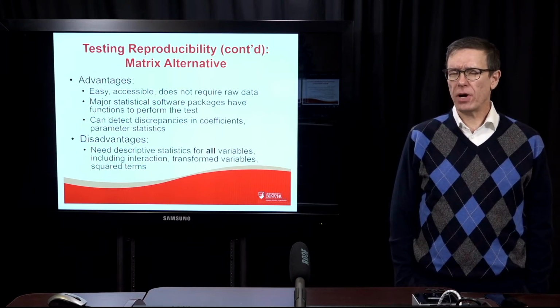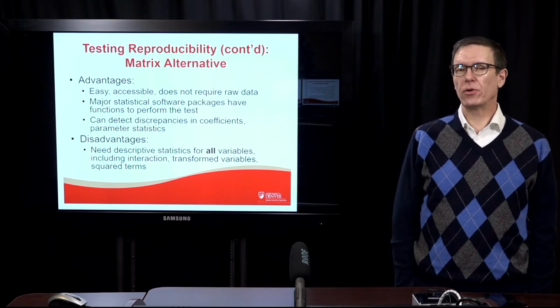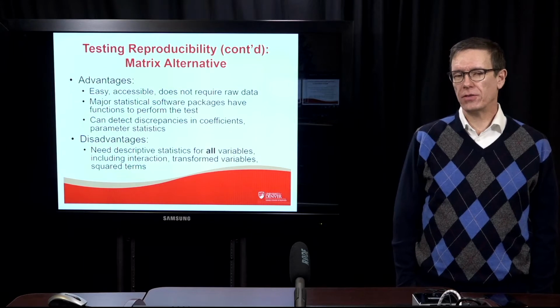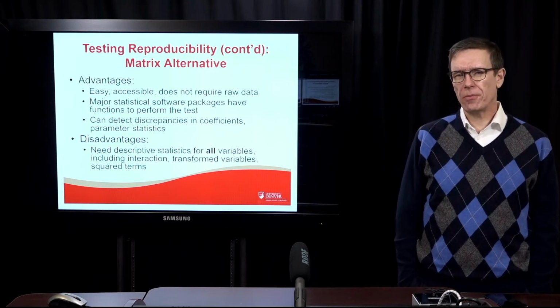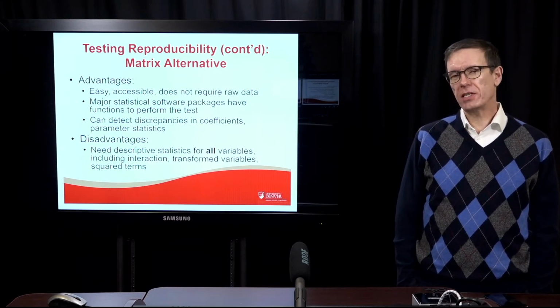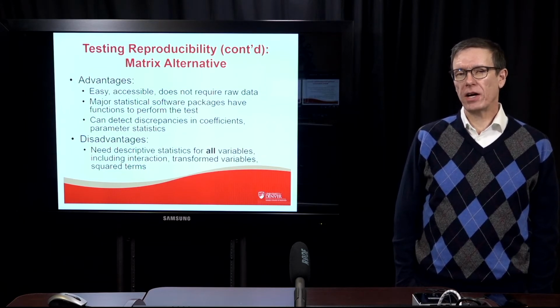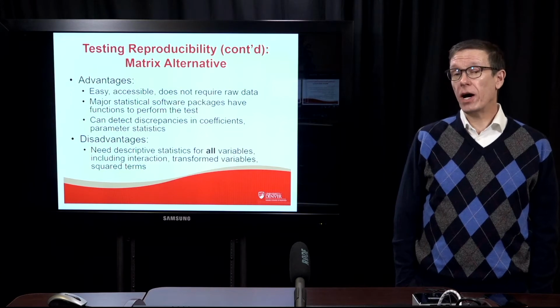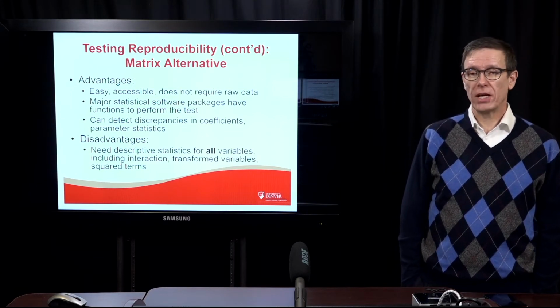That becomes problematic because many authors don't report second-level variables, such as interactions or transformed variables, squared terms, and so on. Another disadvantage, which I don't mention but is important, is that some analyses simply cannot be retested using this approach, such as time series approaches and others that may look at curvilinear effects, maybe log linear as well, that don't transform to the univariate or normal distribution assumptions.